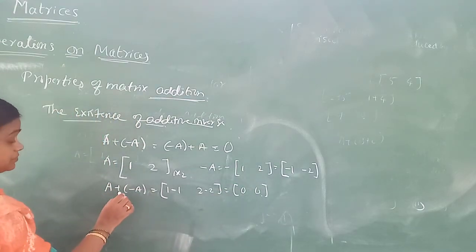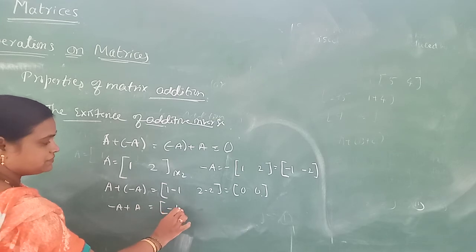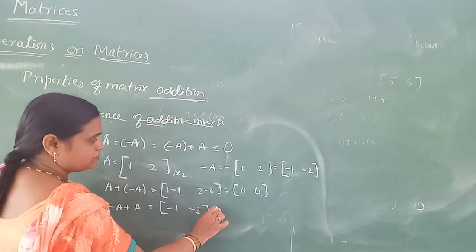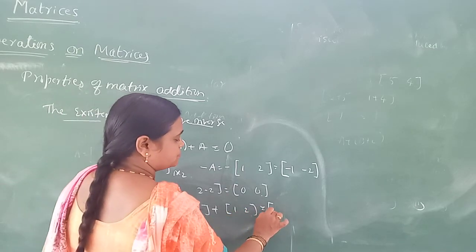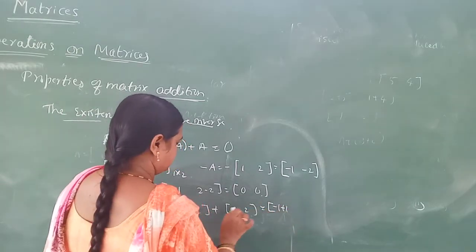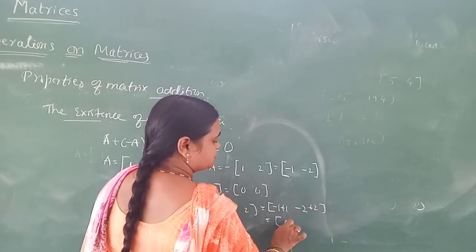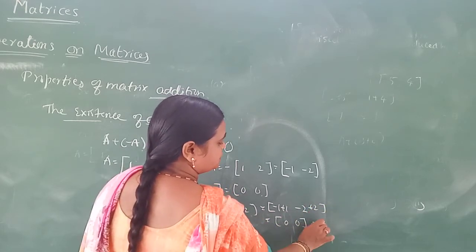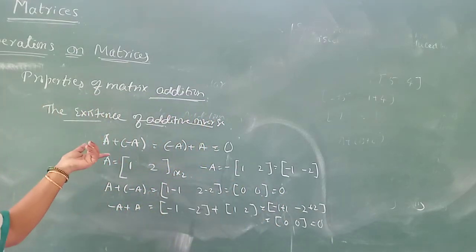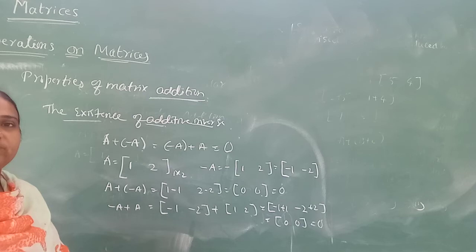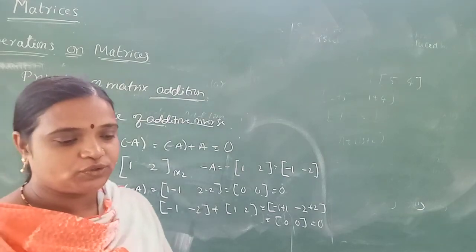Next, minus A plus A: -1 plus 1, -2 plus 2, we get [0, 0], the zero matrix only. So the property shown here is the additive inverse property.